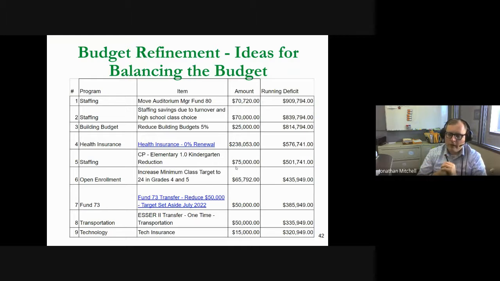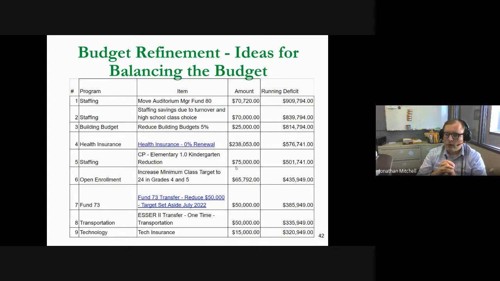We talked earlier about the need to utilize ESSER funding for one-time expenditures. We do have a significant increase to transportation next year, and there is an extreme shortage of bus drivers.